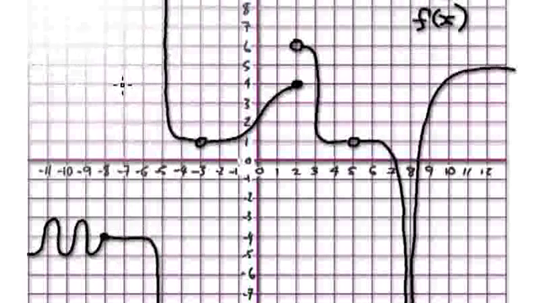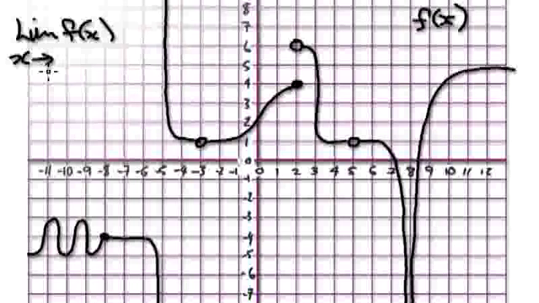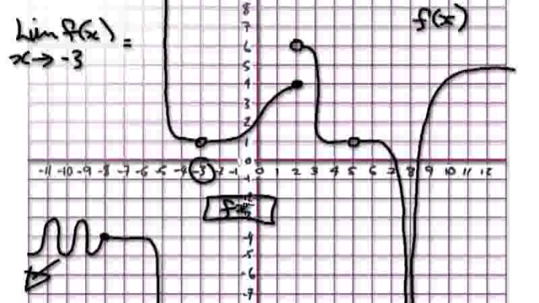Now the next question: what is the limit of f of x as x tends to, let's say, negative 3? Press pause and have a go. Looking at the negative 3, you cannot put the negative 3 into this function.